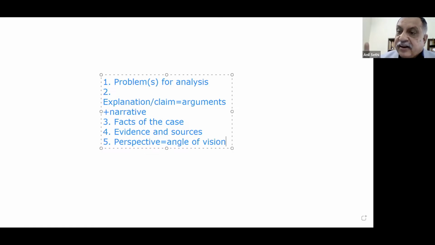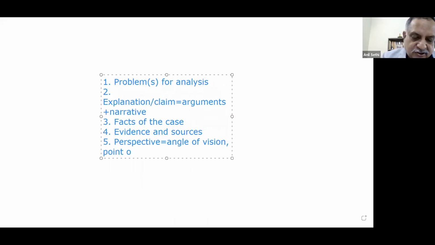And nukta-e-nigah, what is the point of view. So perspective is angle of vision, it is point of view, right? It is vantage point.